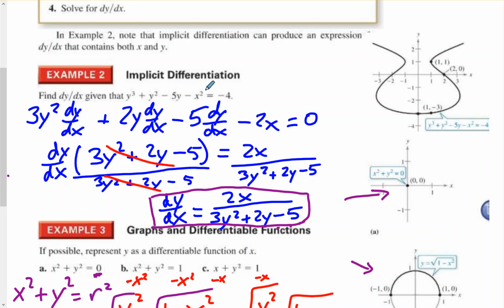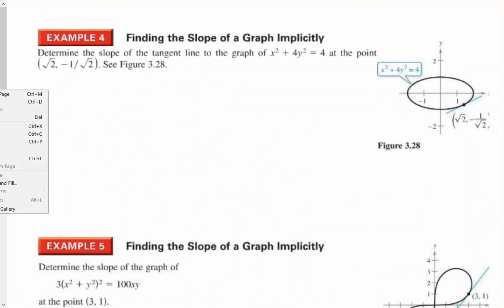Right, so anything like this, it will be very difficult to express as y equals in terms of x. Okay, so then we have to use our implicit differentiation, which we did, using the chain rule to come up with an equation for the derivative. Okay, so let's take a look at our next section.